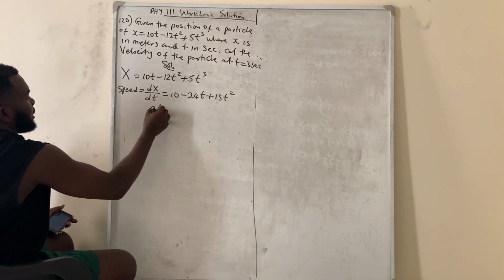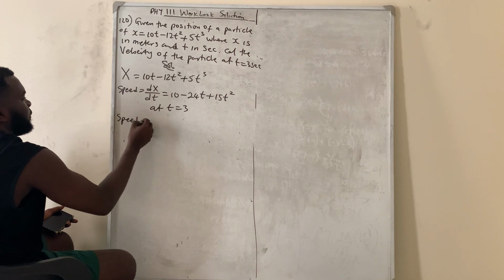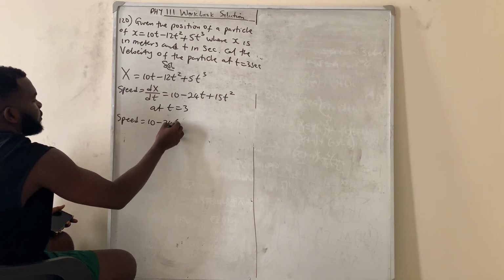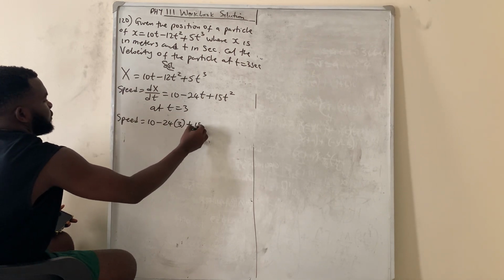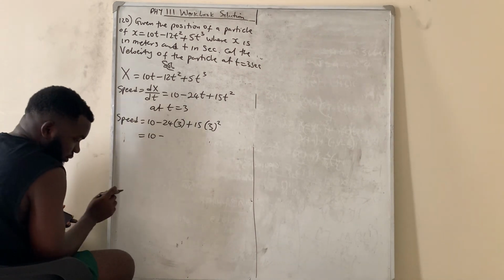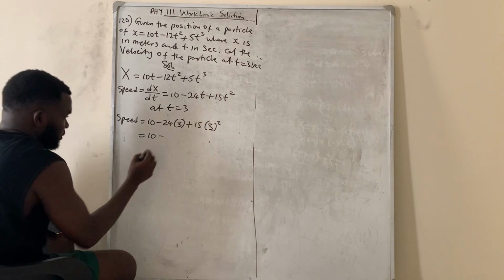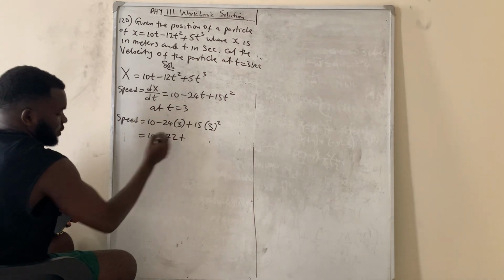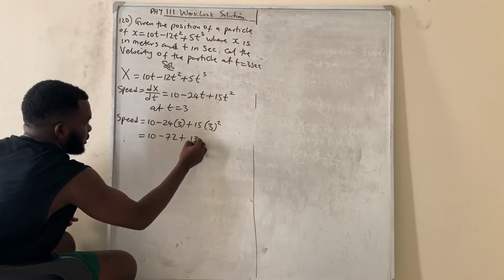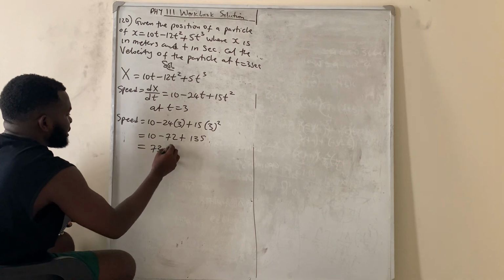Then at t equal to 3, your speed will be 10 minus 24 into 3, plus 15 into 3 squared. 24 times 3 gives 72, plus 135. If you do everything, you're going to have 73 meter per second.